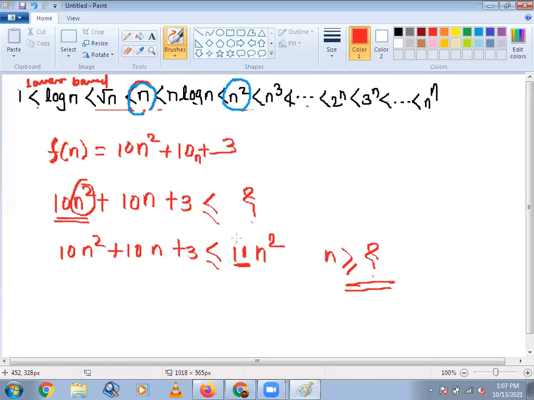Suppose someone has written 11n square, then for 4, 16.